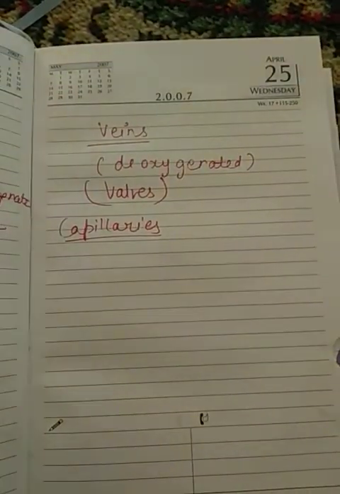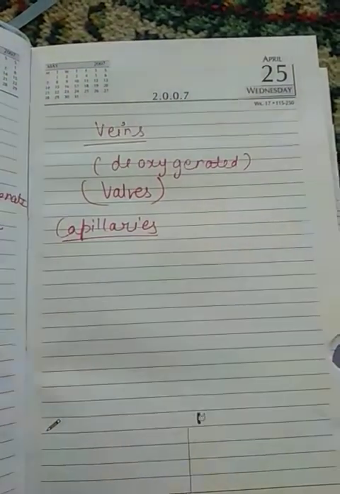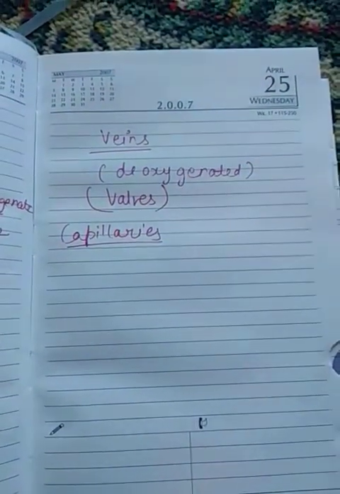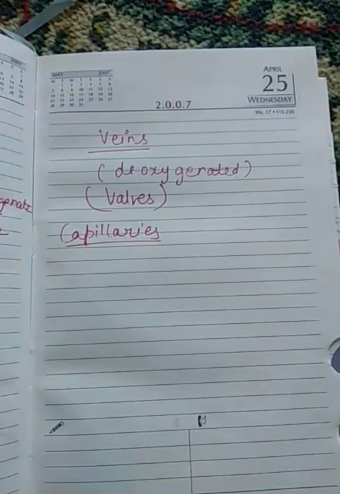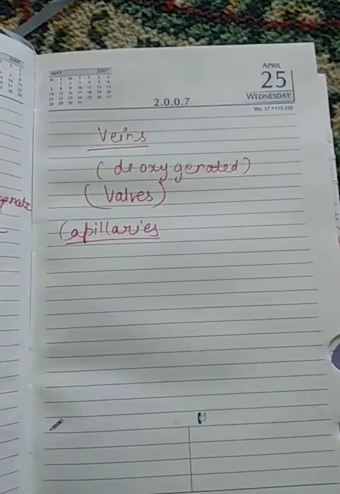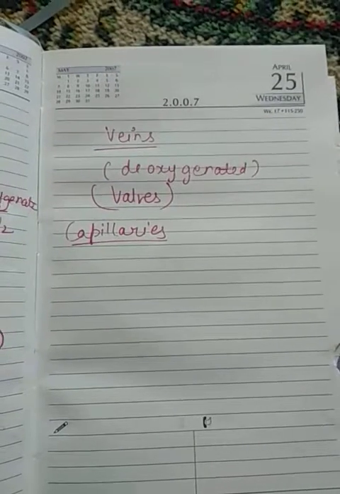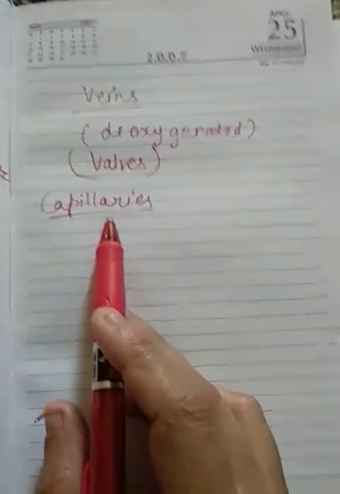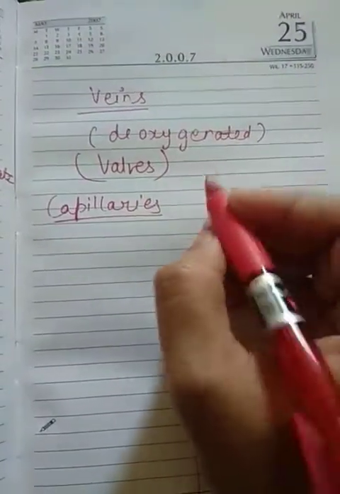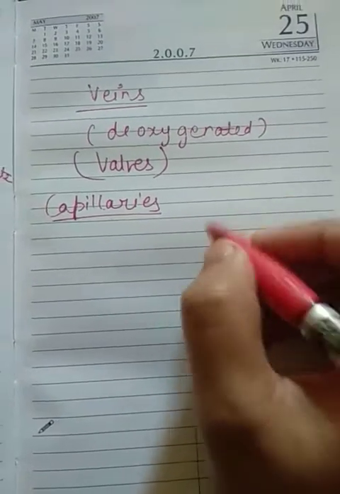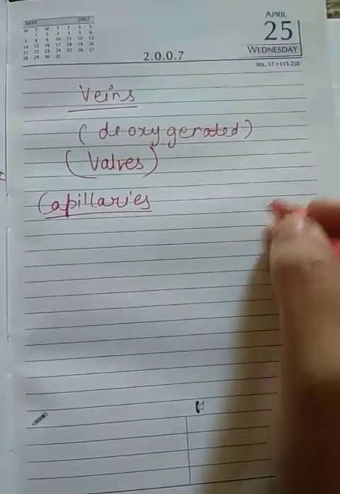Now the arteries which we discussed branch out to form thinner tubes called arterioles, and these arterioles further branch out to form even thinner tubes called capillaries. These capillaries join together to form venules, then veins, and then the vena cava.